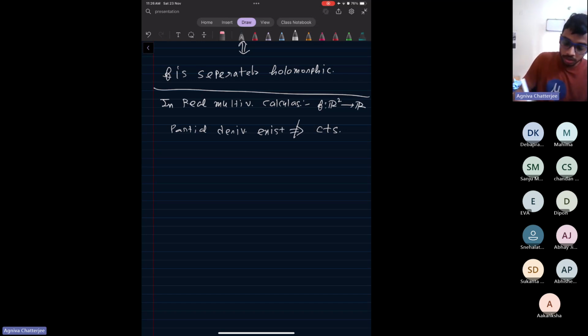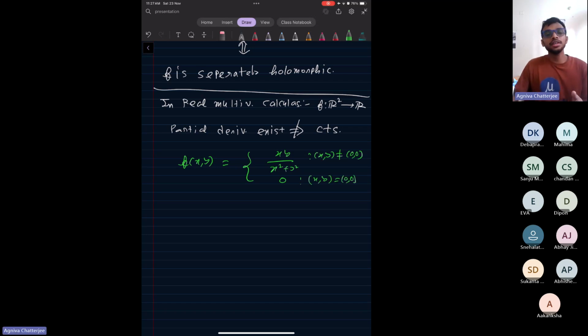This is the famous example, f(x,y) equal to xy over x squared plus y squared when (x,y) is non-zero, and 0 at 0. This guy, the partial derivatives exist at all points, but it's not continuous at 0.